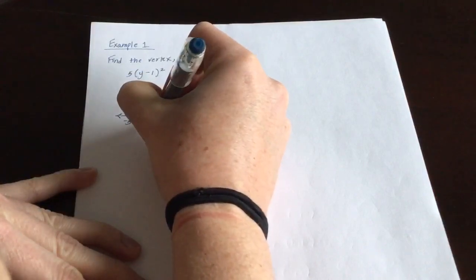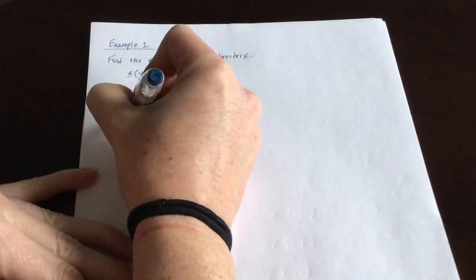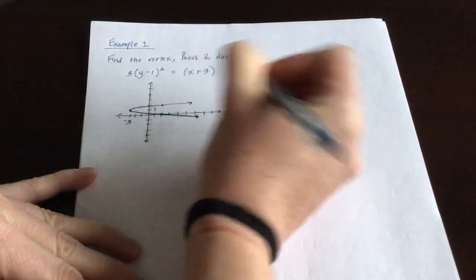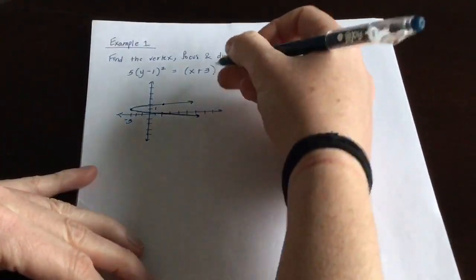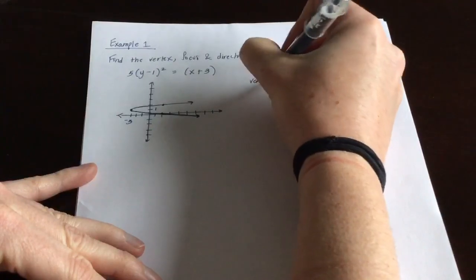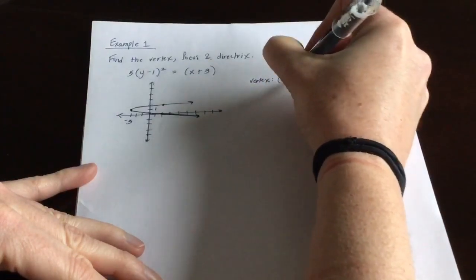Okay, so here's my graph of my parabola. And then we could figure out, okay, well, let's make it official. Where's the vertex? It's at negative 3, 1.